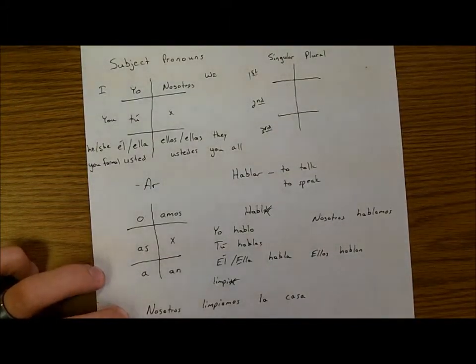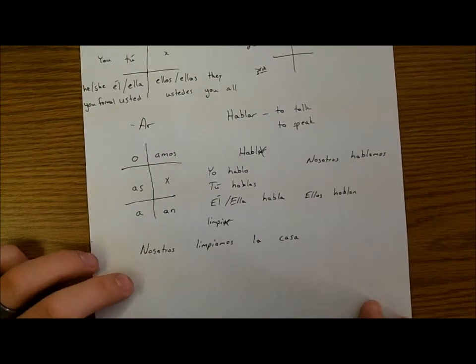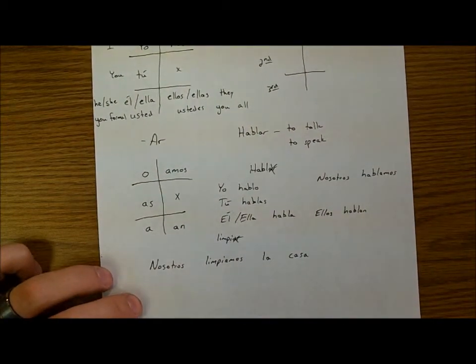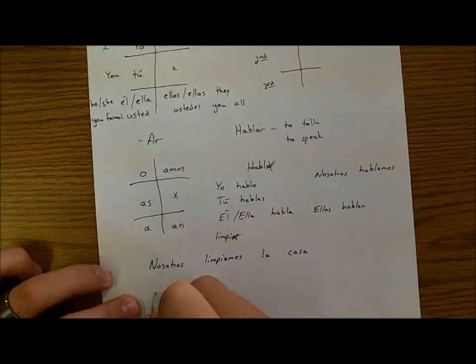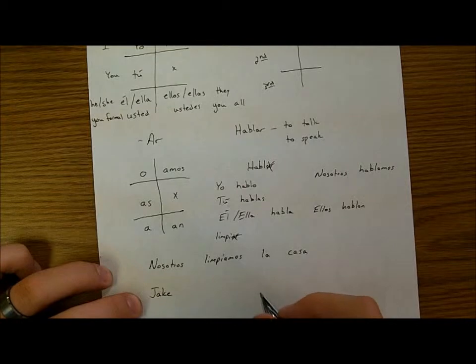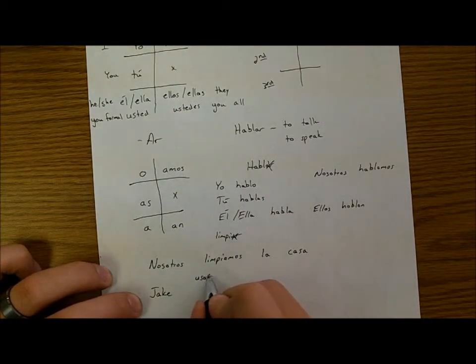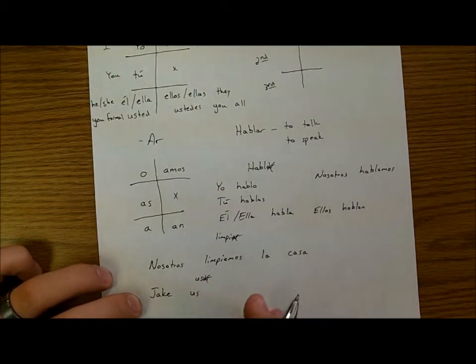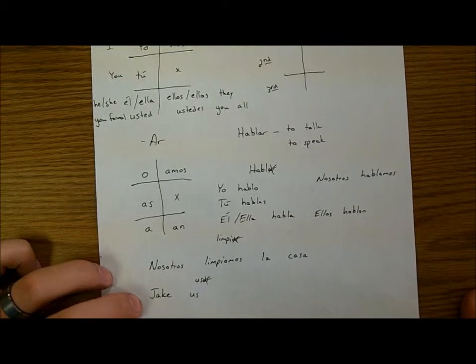Next example we're going to do is Jake uses a pencil every day. So first off, we're going to start with Jake. Now we need to conjugate the verb usar. So first step, cross off the AR, which leaves us with US. Then we need to figure out what ending we're going to use with this.